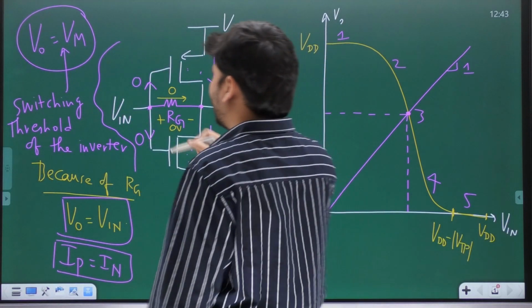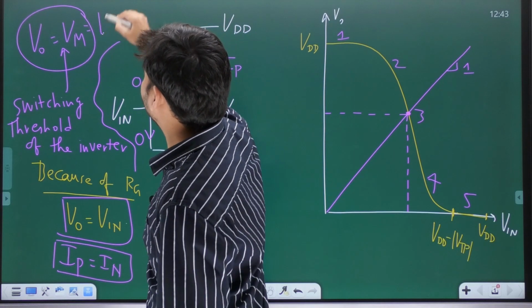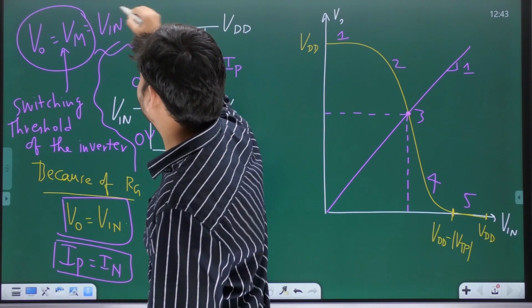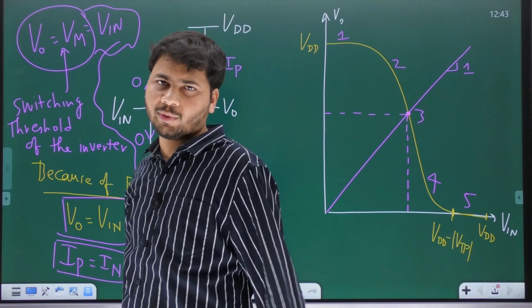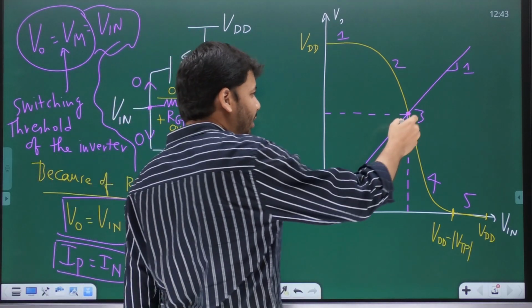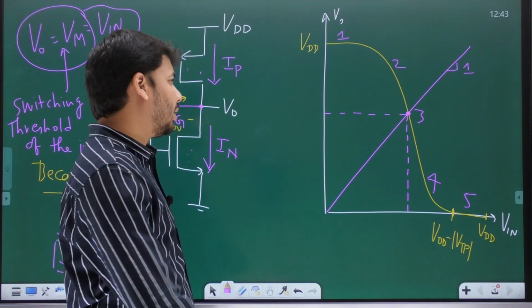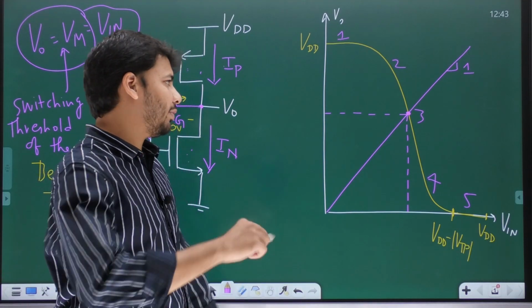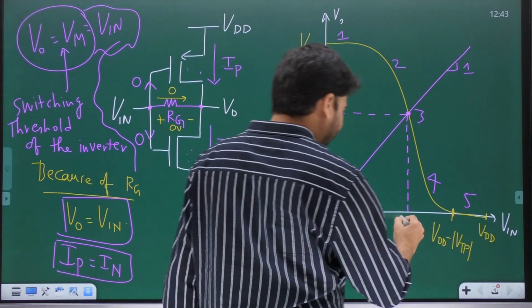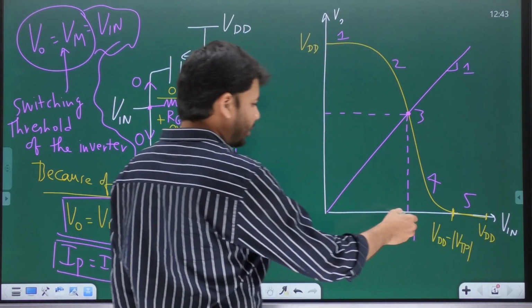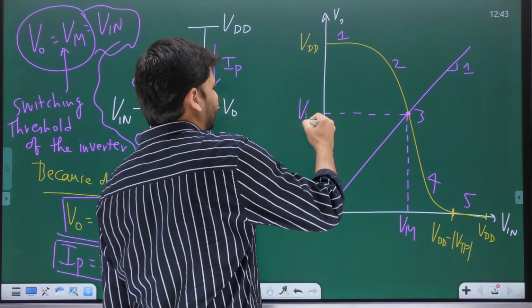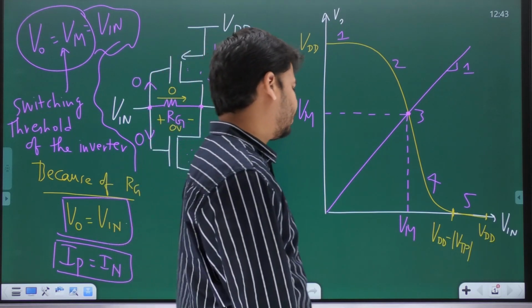So V0 equal to Vm also means what? Vn is also Vm, because after all, V0 is equal to Vn. So just tell me, what are the x and y coordinates of this point of intersection between the VTC and the straight line V0 equal to Vn? Is it not Vm comma Vm? Vin is Vm. V0 is also Vm.